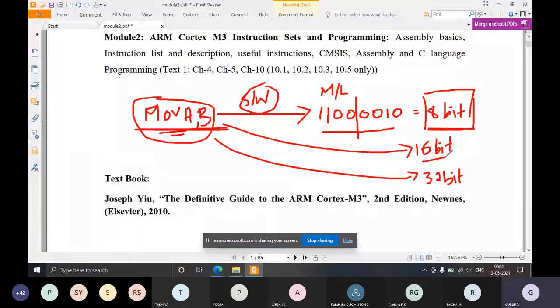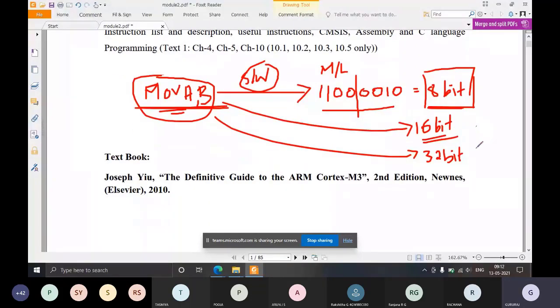If it is called a 16-bit instruction, then the number of bits used to represent each instruction will be equal to 16 bits. And if it is a 32-bit instruction, that means the number of bits used to represent an assembly instruction in machine level is equal to 32 bits. So I hope we understand what we mean by a 16-bit and a 32-bit instruction.